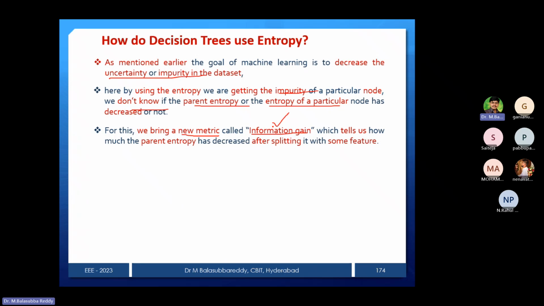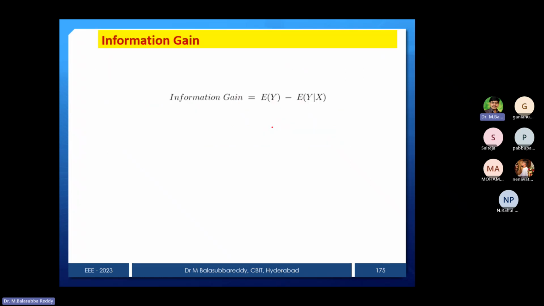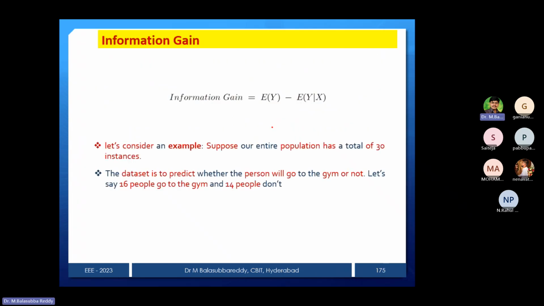Based on information gain only, we are able to identify the root node. The formula is information gain equals entropy of Y minus entropy of Y given X.